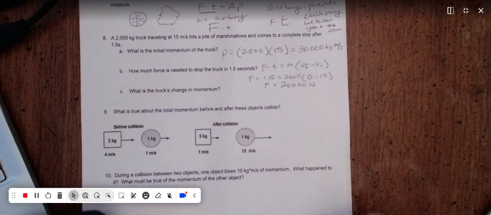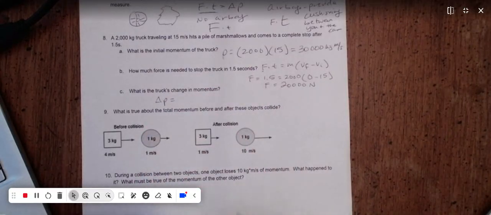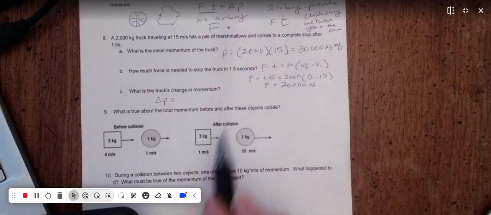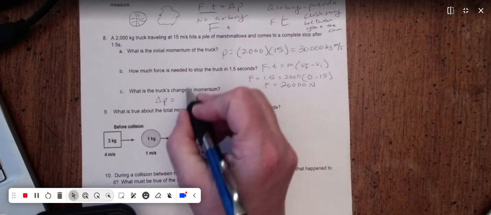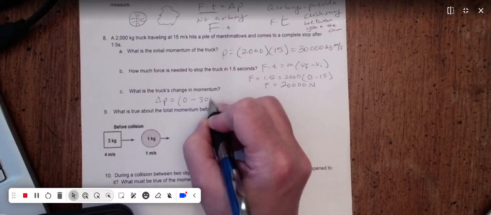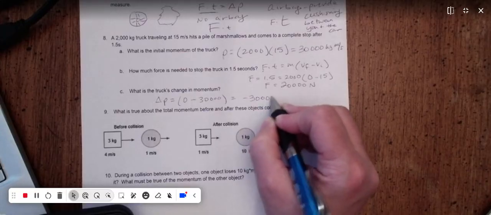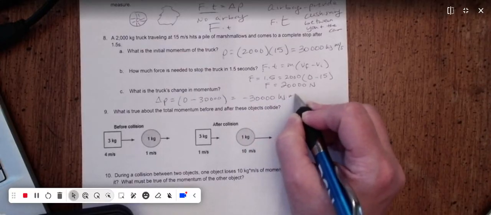What's the truck's change in momentum? Well, the initial momentum was 30,000. The final momentum was 0 because it came to a stop. So its change in momentum is minus 30,000 kilograms times meters per second.